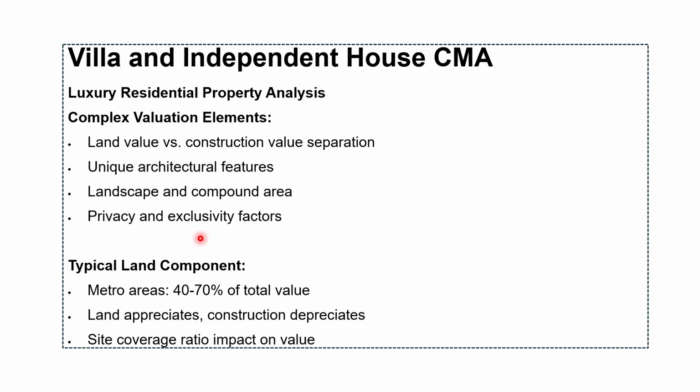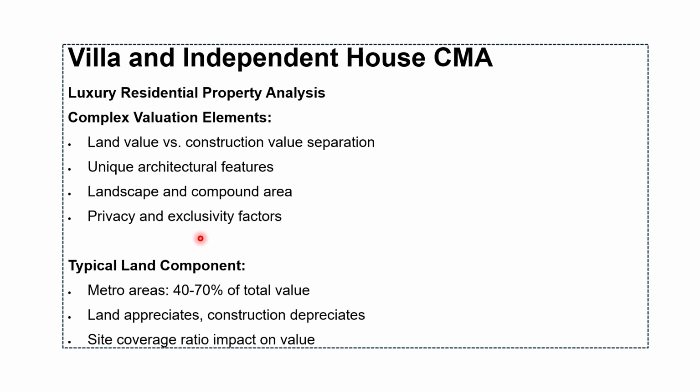Then unique architectural features. Sometimes some villas have their own architectural features, very unique in that area. That will also play a very crucial role when we are talking about valuing such a unique villa. Then landscape and compound area, if that is in a larger amount, that will also play a crucial role. Then privacy and exclusivity factor.